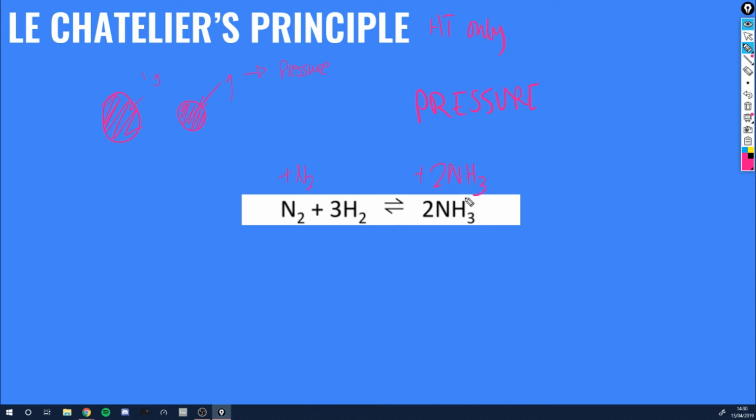Now, if you decrease the pressure in the reactants, forget about this one, it goes back to normal, and then if you decrease the amount of hydrogen there is, it will produce more reactants until we reach equilibrium again.